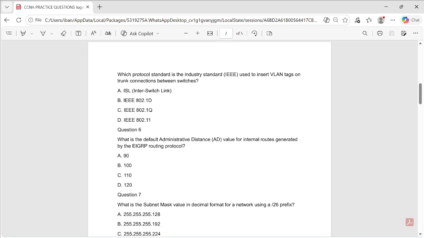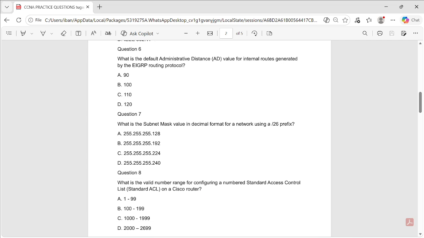So next, question number seven: what is the subnet mask value in decimal for a /26 prefix? The answer is B, 255.255.255.192.